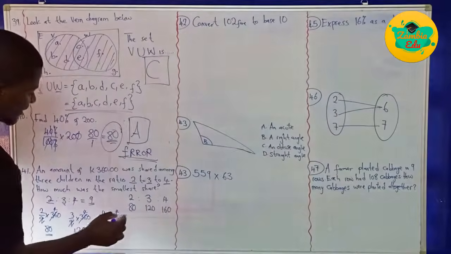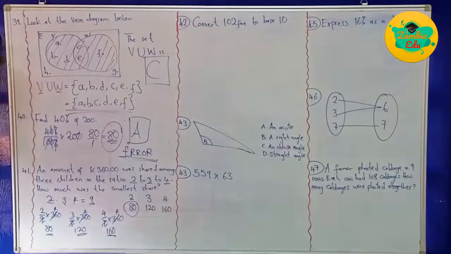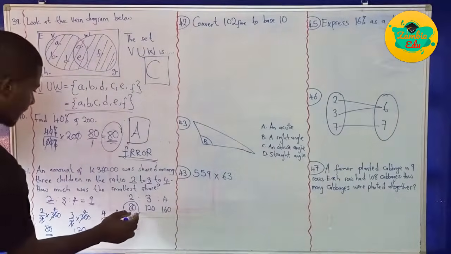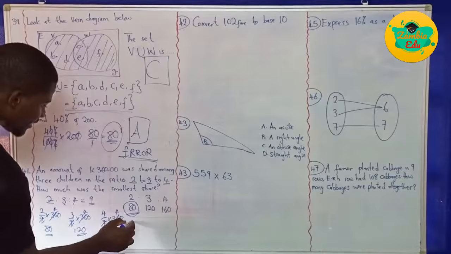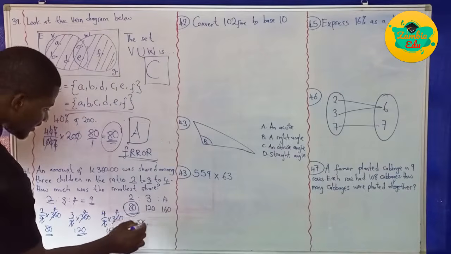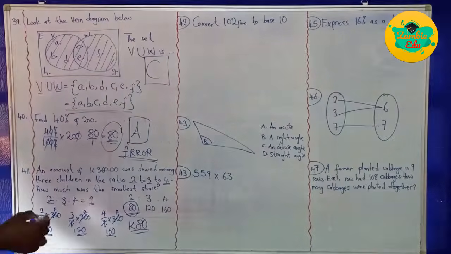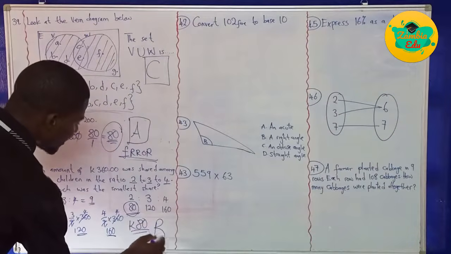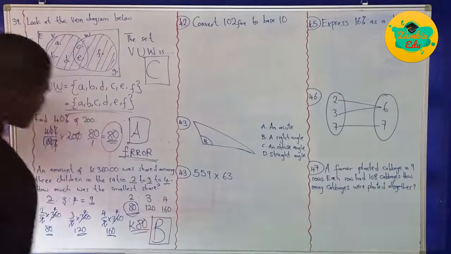And so the one who had the smallest share got 80 kwacha. So 80 kwacha was the share given to the person who had the smallest amount, and that was represented as option B.